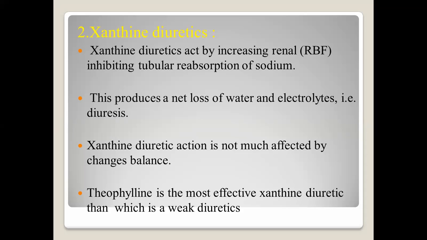Okay, so xanthine diuretics act by increasing the RBF as well as inhibiting the tubular reabsorption of sodium, and that's why water and electrolytes are available for the diuresis process, and these diuretics increase the rate and flow of urine formation. Their examples are theophylline and aminophylline, of which theophylline is the most effective xanthine diuretic.